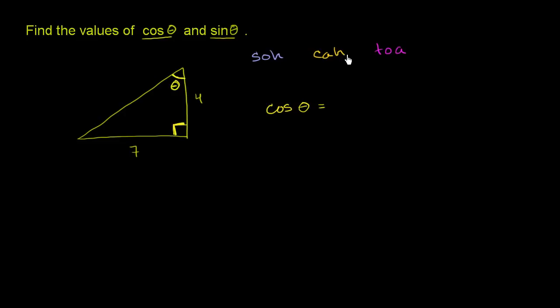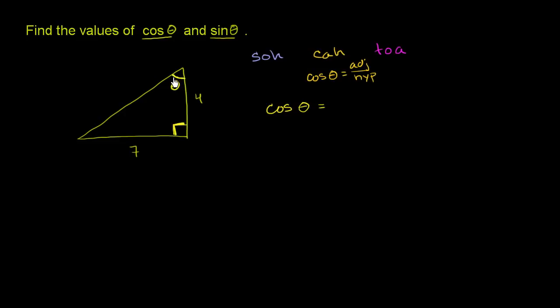The part of SOHCAHTOA that relates to cosine is the CAH part. SOH defines sine, that's why we have the S. CAH defines cosine, that's what starts with the C. TOA defines tangent, that's why it starts with a T. So if you look at CAH, it says that cosine of an angle is equal to the adjacent side over the hypotenuse.